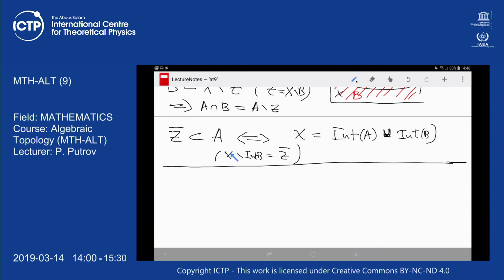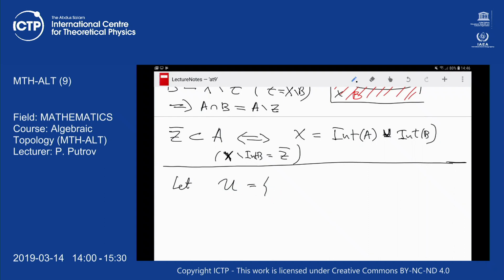So the proof of the excision theorem will be quite long, and we will need to introduce certain notations. So let me denote by this curly U a collection of U_j's.